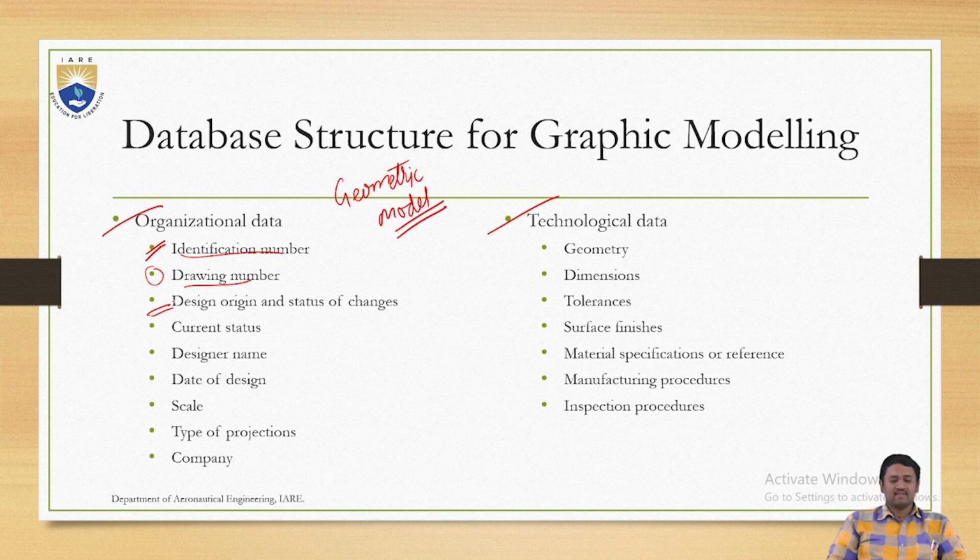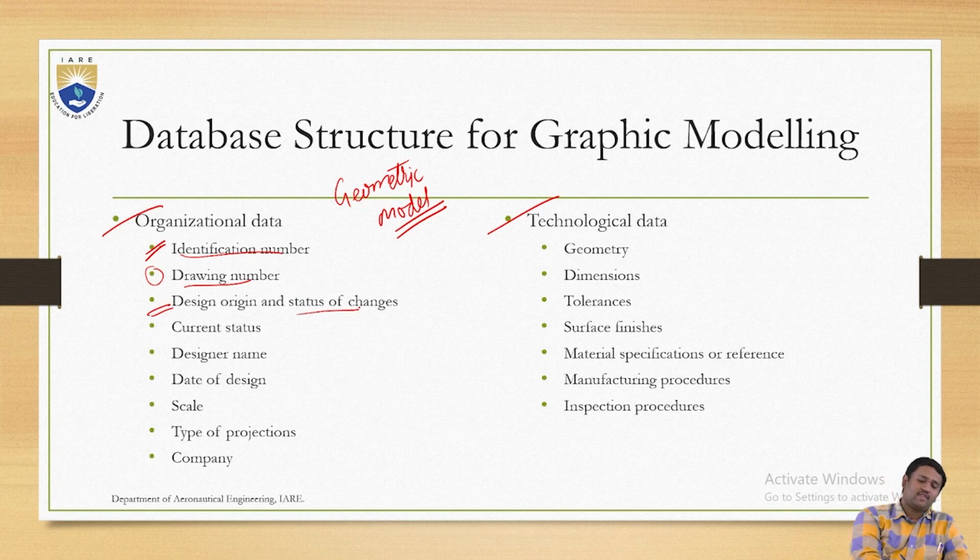Design origin as well as status of changes states whether the particular geometric model and draft model which we generate originated from scratch, or whether it has been modified or updated from any one of your previously drawn drawings that you keep as a separate file in a database which keeps a record.